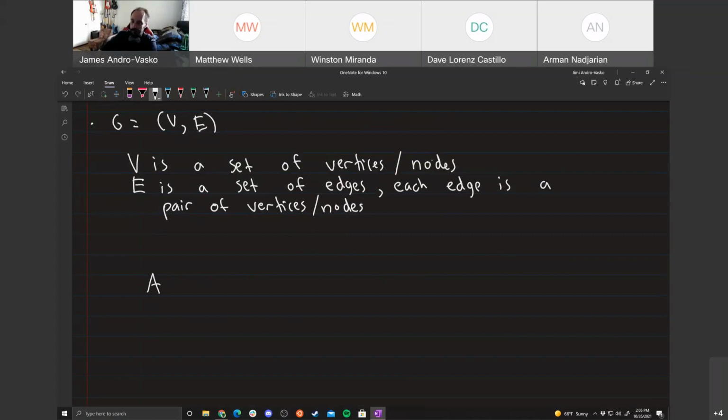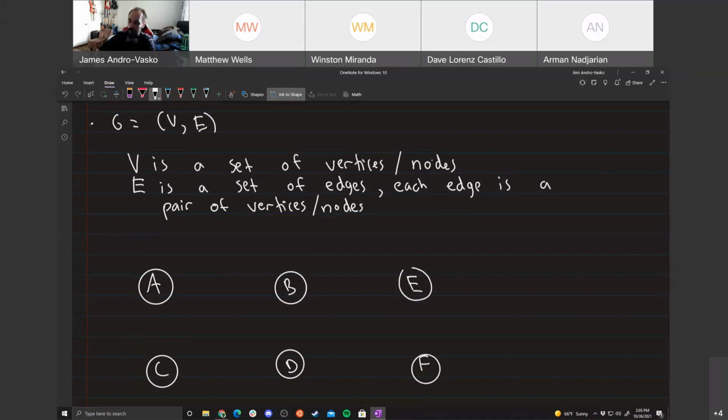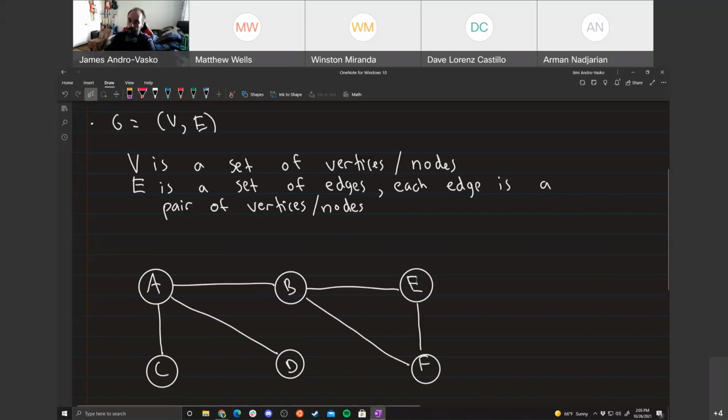I'll have A, B, C, E, F. Each of these will be our nodes, and each line is a connection between two nodes. So each of these lines will just be an edge. So there's an example graph.